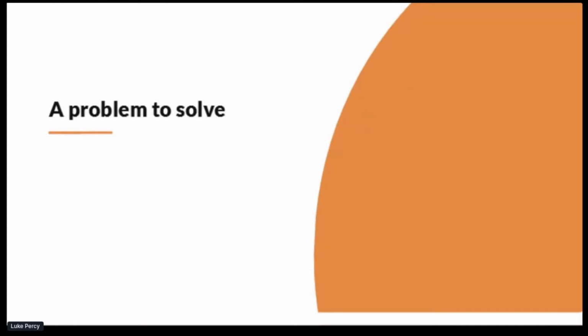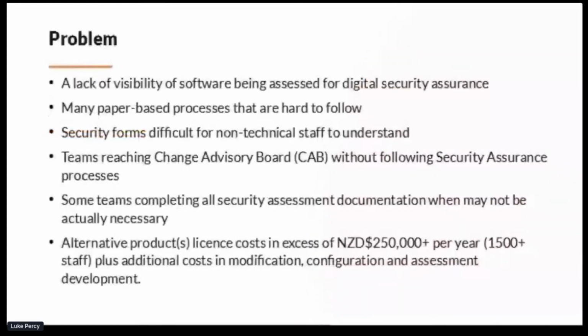So they had a problem to solve, and it was all around security assurance. There was a real lack of visibility of software that was being assessed for digital security assurance within the organization. There were many paper-based processes that are hard to follow. Security forms are difficult for non-technical people.